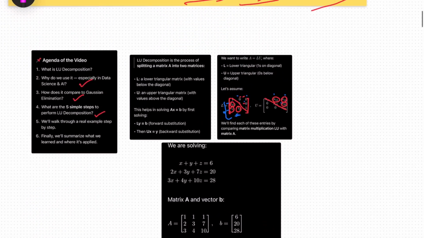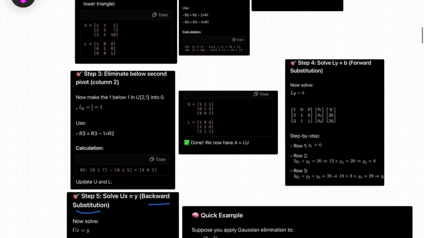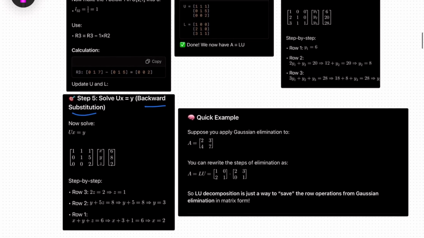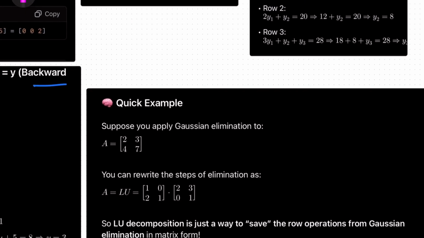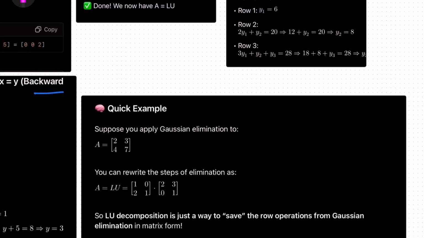I'm sorry, B value you should know first. It is 6, 20 and 28. So for y1, the other coefficients are 0, so this is going to be 6.